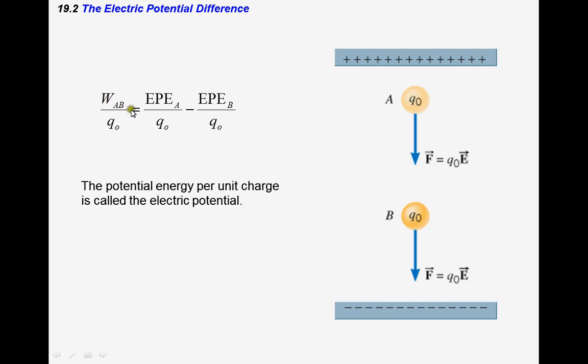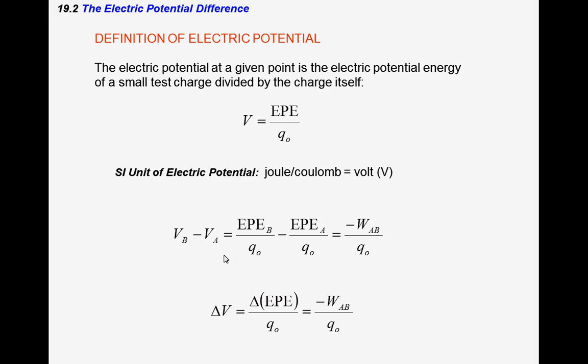So work, change in energy per unit charge. So this would be joules per coulomb of charge. So this joules per coulomb of charge is our electric potential. The unit for that is volts. Volts is joules per coulomb.